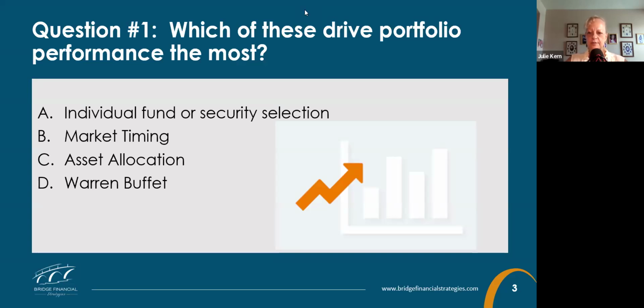Looks like 25% of the responses were for individual fund or security selection, 25% was for market timing, and then 50% was for asset allocation. So let's go to the actual correct answer, which is asset allocation.